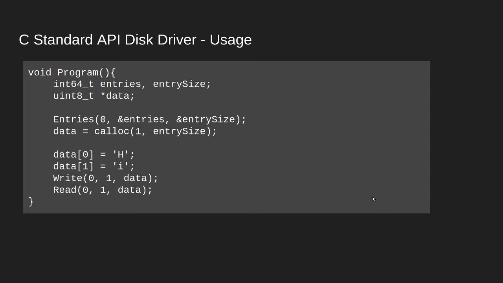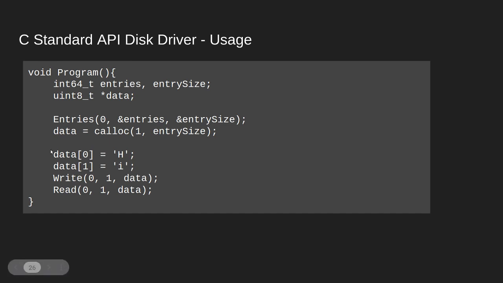Now here's a program that utilizes the 3 devices: CPU, memory, and a single disk device. First, we call entries. We need to learn how many entries there are on the disk, in this case disk number 0, and we need to know the entry size. We then allocate an array of entry size, which means that now we can fill data into our array and write it, or read an entry from the disk.